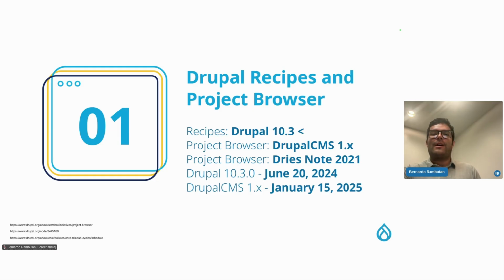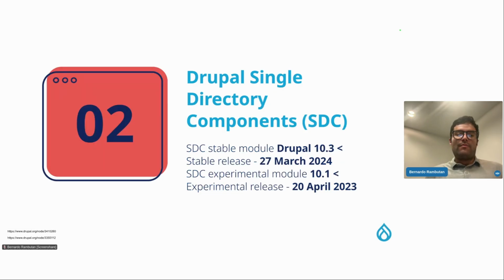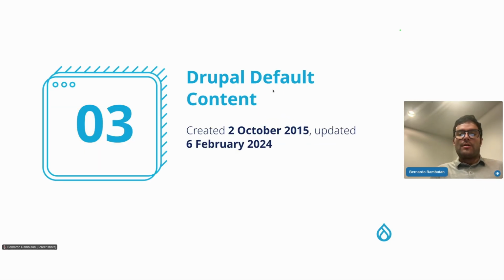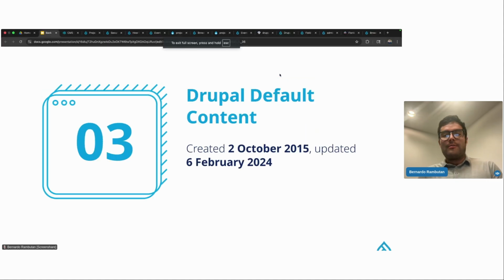And during the last 5 years, it has been significantly improved and enhanced to make a new user's life easier. And you have things like SDC as well, which are fairly recent. SDCs have only been released for about a year too. So recipes and SDCs are out in the wild for only about a year, a little more maybe, but not that much. And then you have things like default content.